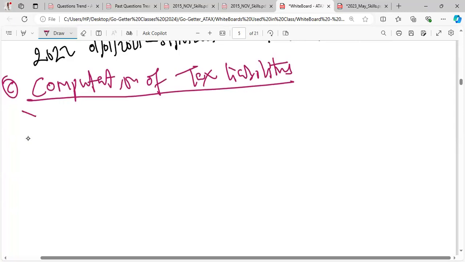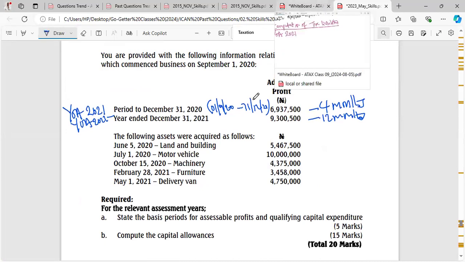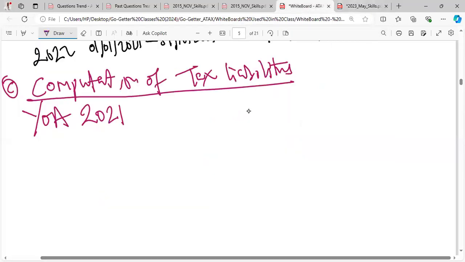I will start with year of assessment 2021. You don't need to put your basis period anymore. Adjusted profit 6,937,500.